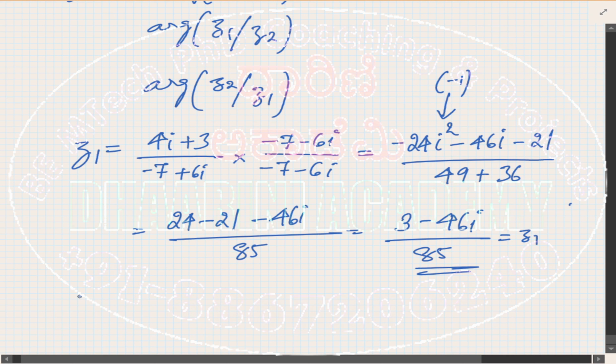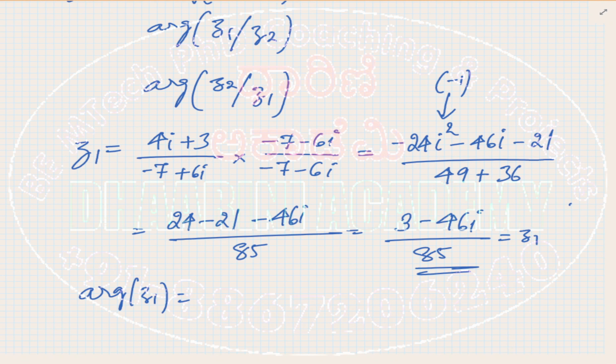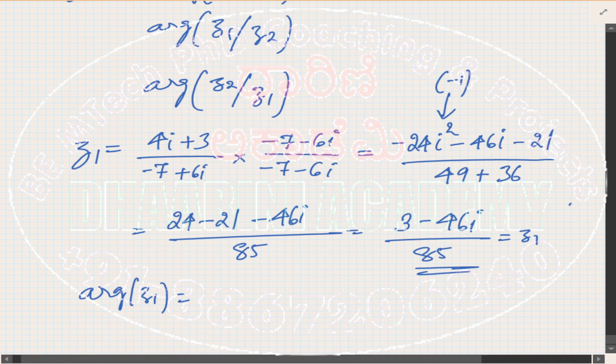Okay, now you calculate the argument of Z1. How do you calculate? Look at which quadrant it is. X is positive, y is negative. So fourth quadrant, correct? Minus tan inverse of y by x, that is 46 by 85 whole divided by 3 by 85.